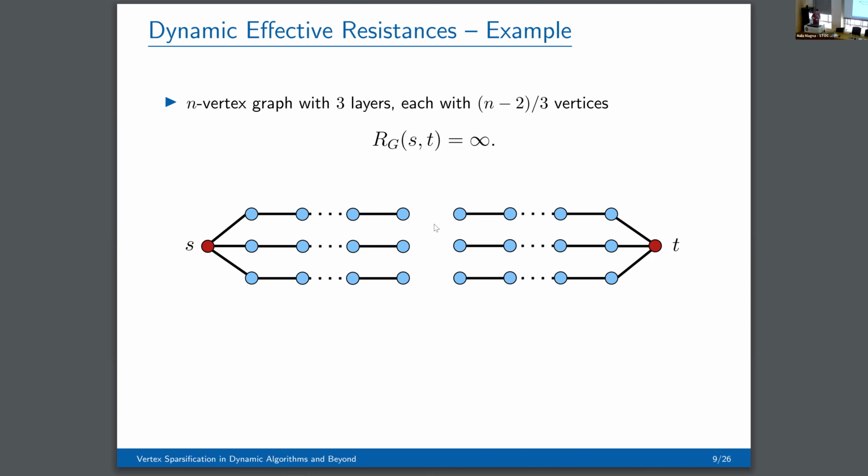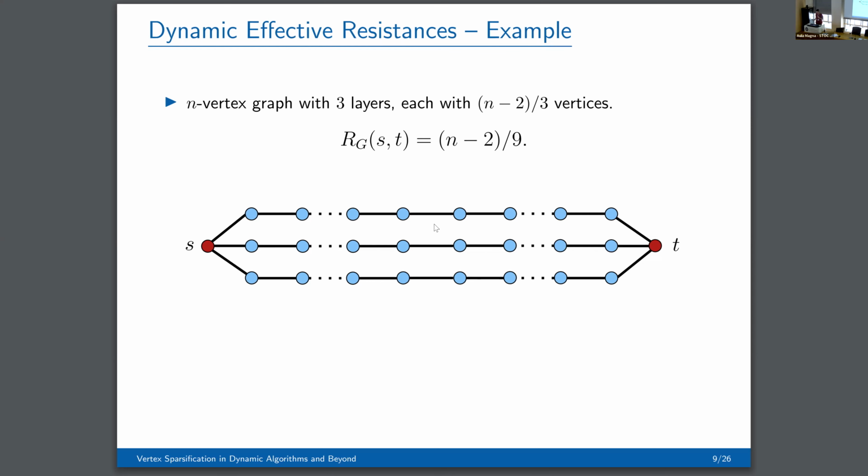It has two connected components, as S and T are disconnected. So if I add one edge, then obviously the effective resistance is going to be that one, because I have a path going from S to T of length roughly m^(2/3). And then if I add another edge, it's not that bad because it just drops by a constant. If I add another edge, it just drops by a constant again.